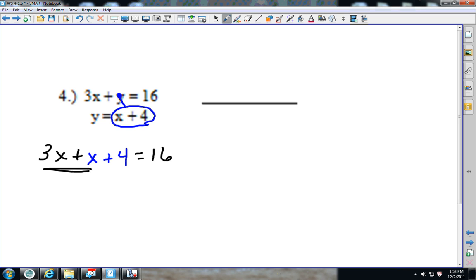All right, the x's: I have 4x plus 4 equals 16. I will subtract 4 from each side. 4x equals 12. Divide by 4.